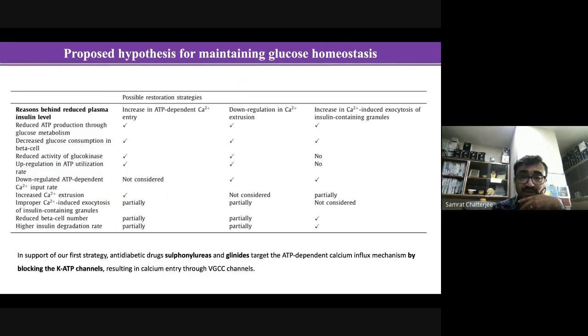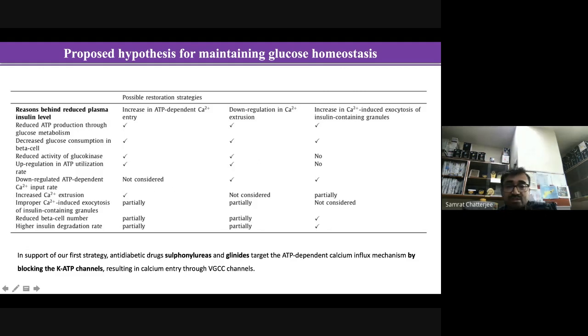In the next table, I just summarize the whole result which we obtained. We found the reasons behind reduced insulin level and, of course, increased glucose. Then through our recalibration exercise, we found what could be the possible way to restore it back.